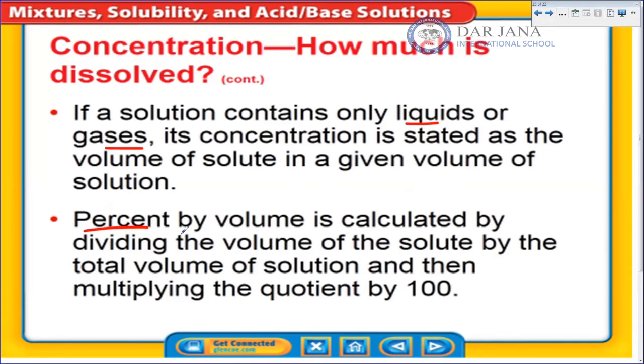Now, how to find the percent by volume? Percent by volume is calculated by dividing the volume of the solute by the volume of the solution. So when we divide the volume of solute by the volume of solution, and then we multiply the quotient by 100, then we get the percent by volume.